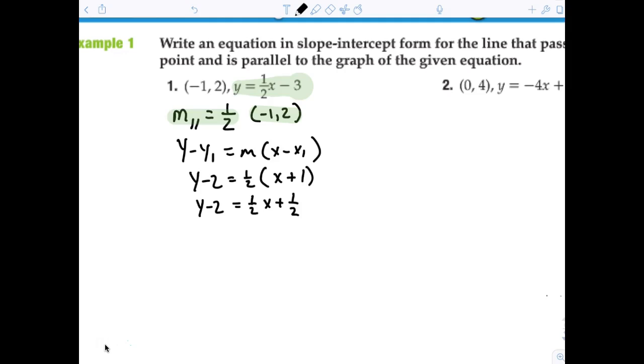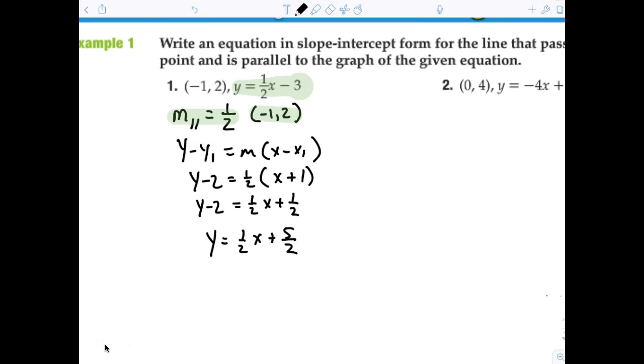Everybody happy with that? And now what? I have to add 2 to both sides. So don't tell me 1/2 plus 2 is 2 1/2. Tell me it is 5/2. Y equals 1/2 x plus 5/2.